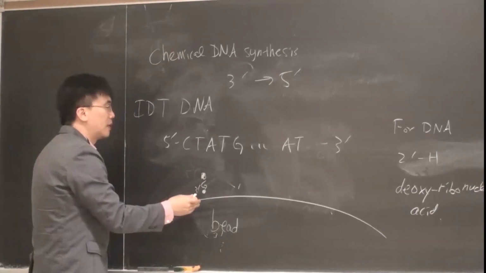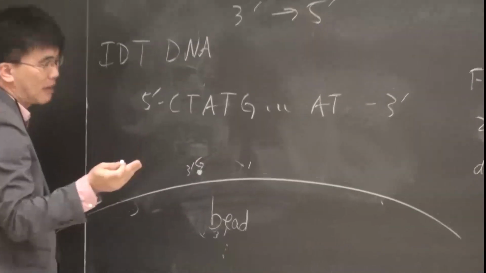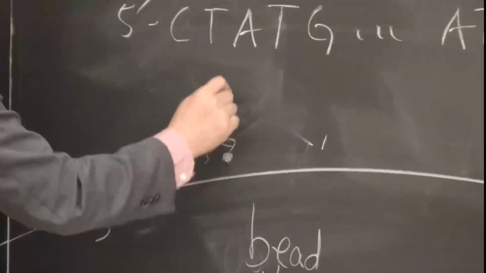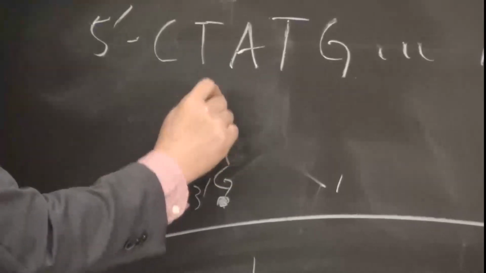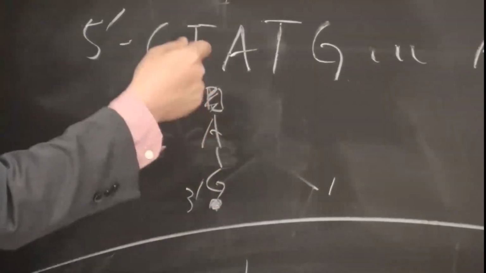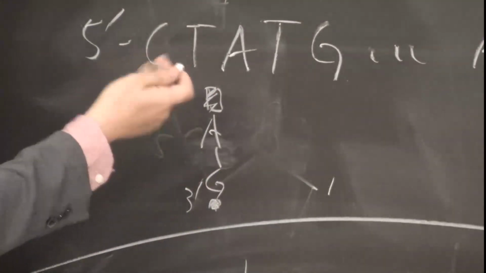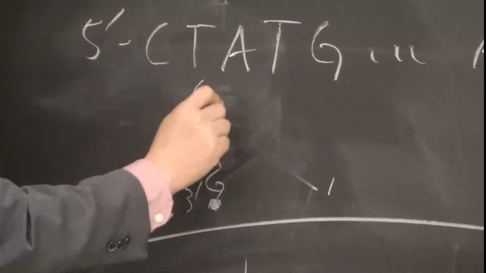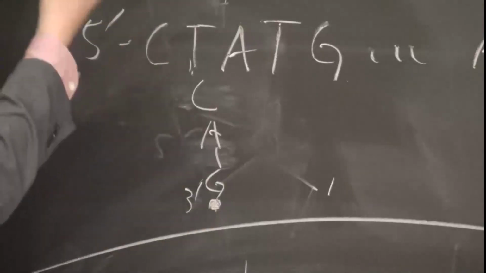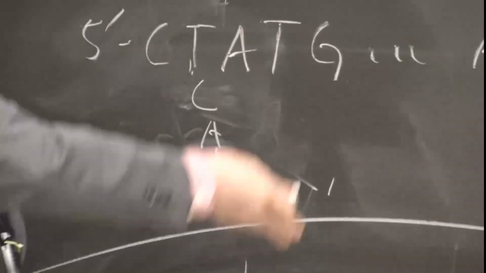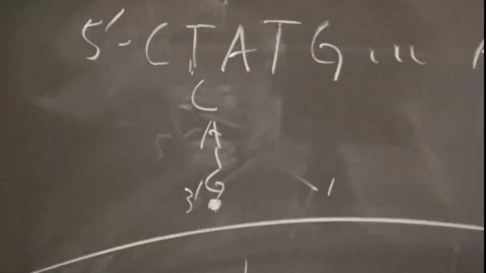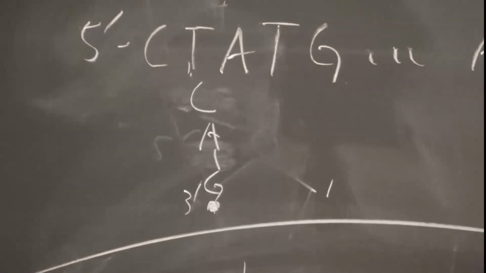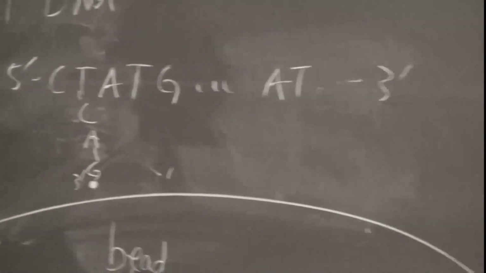And then you deprotect using some chemicals, and then you add the next one. But this also comes with a protection group so that it doesn't add more than one. And then you wash everything away. You deprotect, and then you add the next one, and so on. So that's how you grow the DNA from one end, going up one at a time. The chance of making a mistake or getting termination is about 1% on average over many sequences.